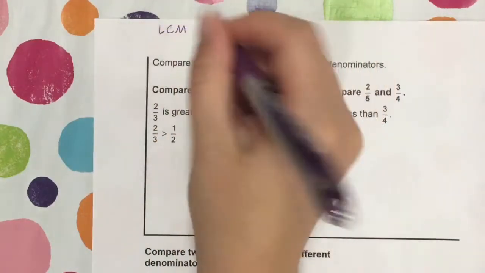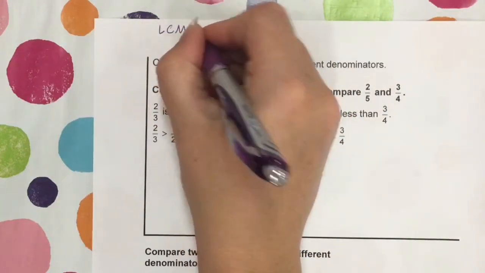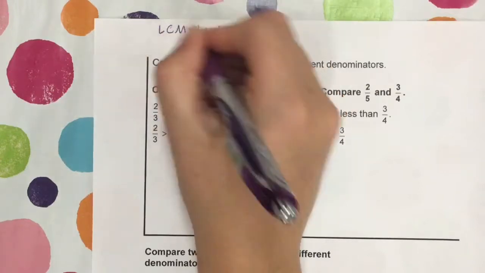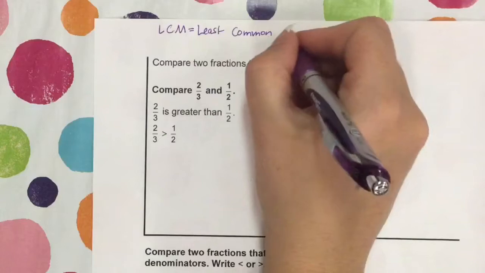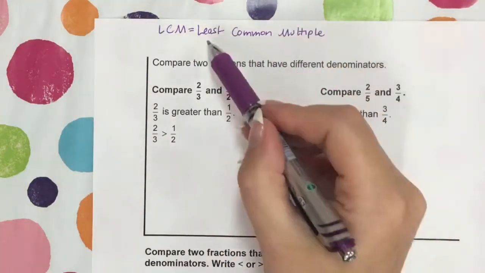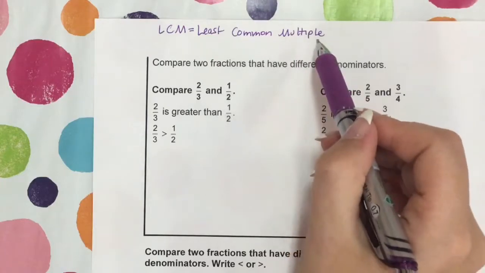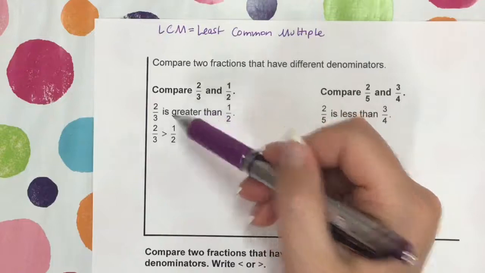Do you guys remember what the LCM stands for? The L is for least, C is for common, M is for multiple. So least common multiple. Multiples, remember, if you start with a number and you just count by that number.